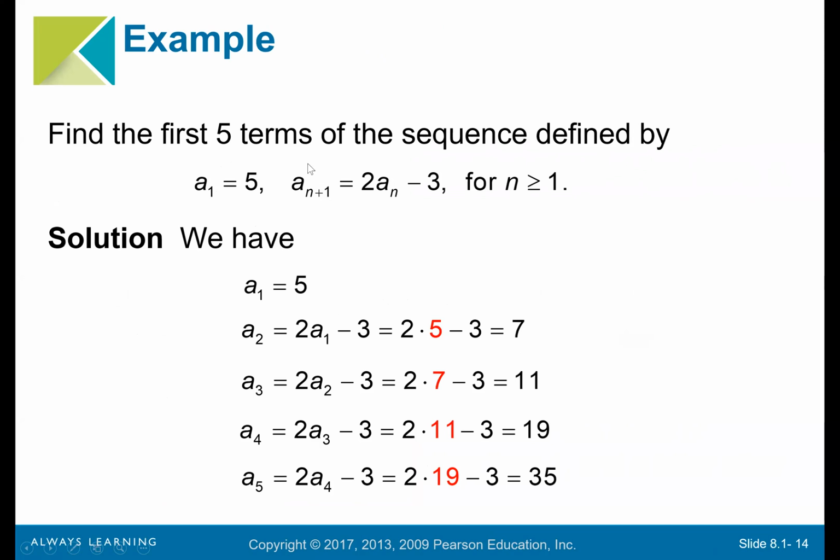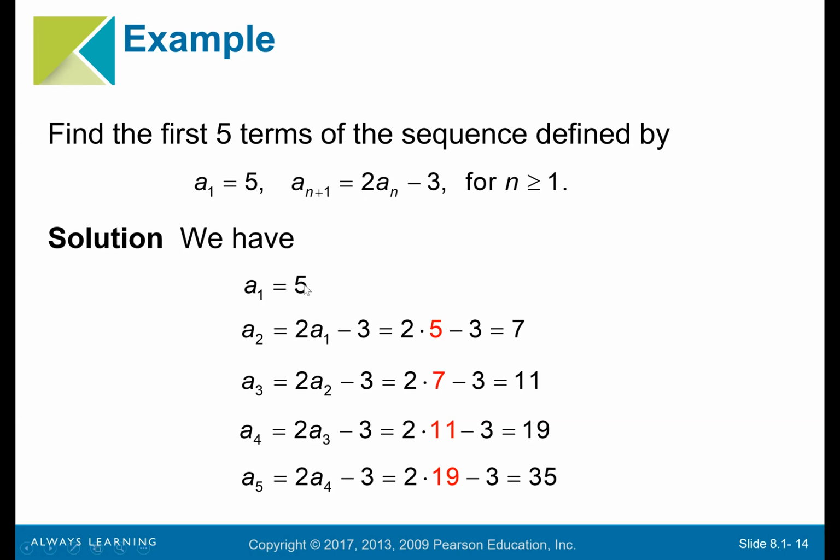So they're saying, whenever you see this, to generate the next term, you take the current term, a sub n, and subtract 3. And this is only going to work for sequences where we start with a sub 1, rather than starting with a sub 0, which some of them will.